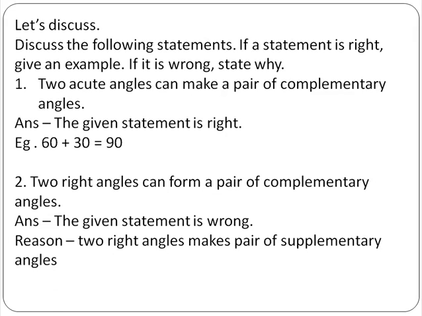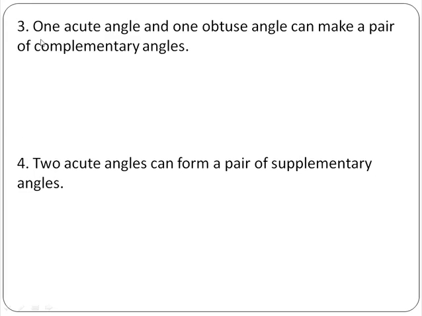Now statement number 3. One acute angle and one obtuse angle can make a pair of complementary angles. Now again look at the statement carefully. One acute angle, that is an angle whose measure is less than 90 degrees. One obtuse angle, that is an angle whose measure is more than 90 degrees.